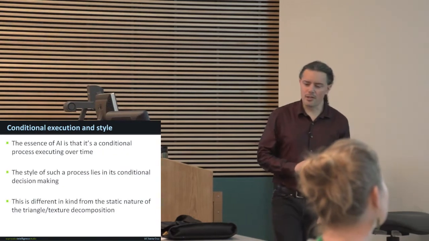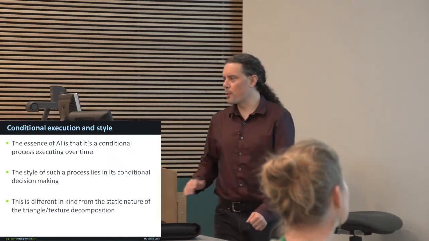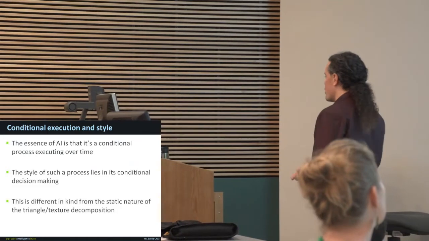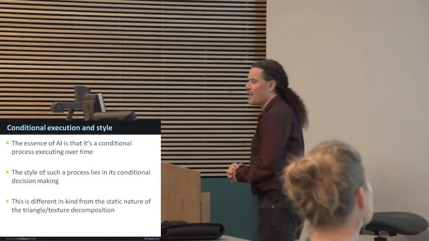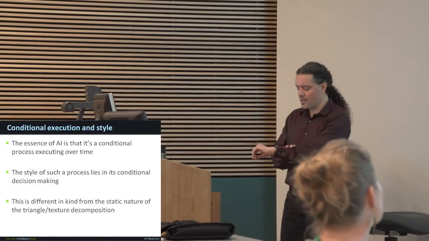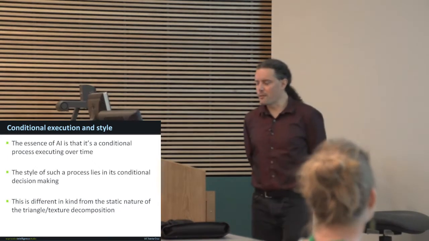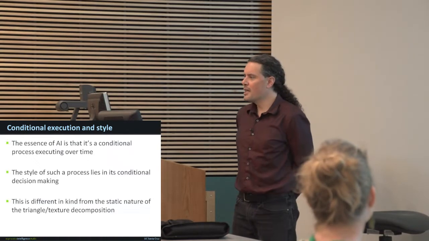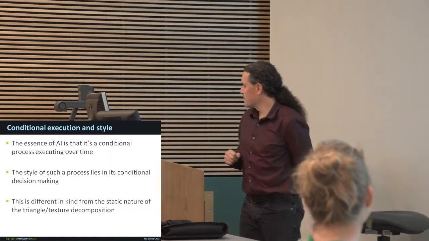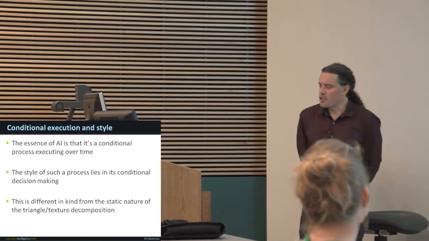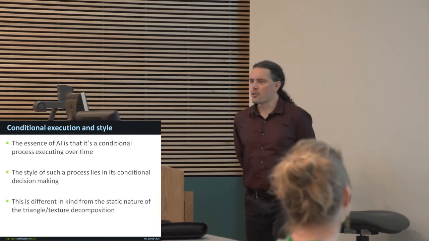So now let's move on to the third point I wanted to make about Photoshop for AI, which is about conditional execution and style. The essence of AI is that it's a conditional process executing over time. It actually does different things depending on how the player interacts with it. So the style of such a process actually lies in its conditional decision making.